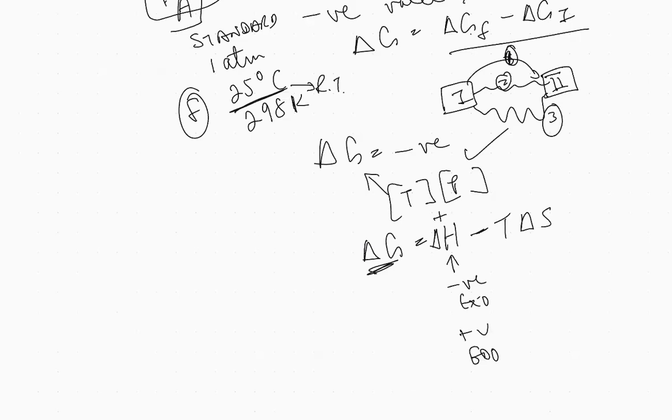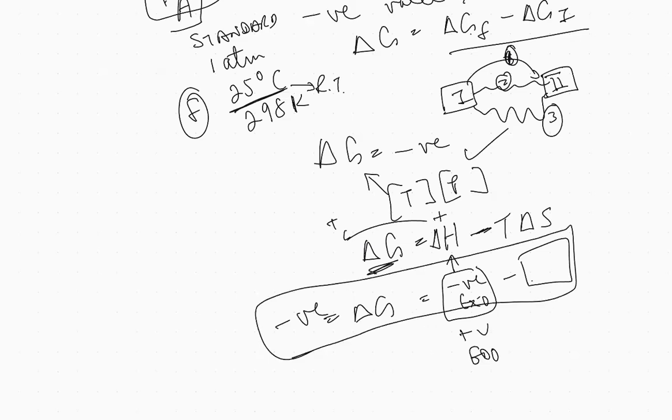If delta H is exothermic and this entire term is also negative, then my delta G value is going to be negative. That sort of understanding is necessary when you are applying this equation and the values to a system to find out whether it is spontaneous or not. I'll explain different situations, but you should be able to understand this intuitively.